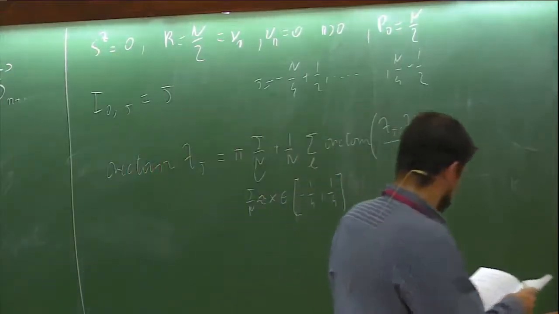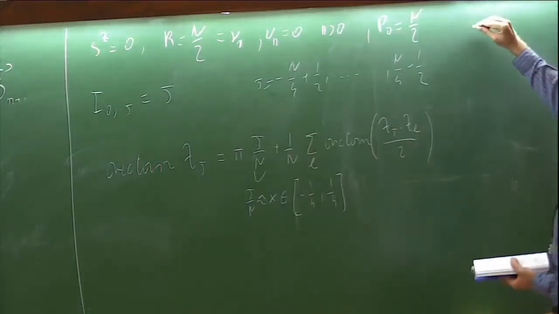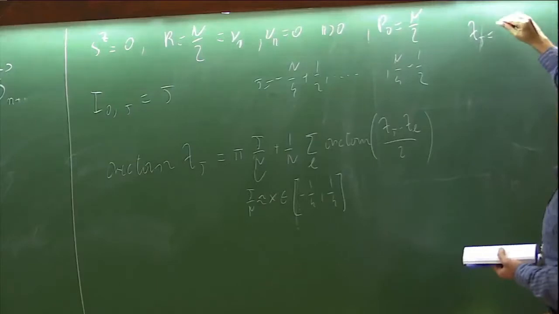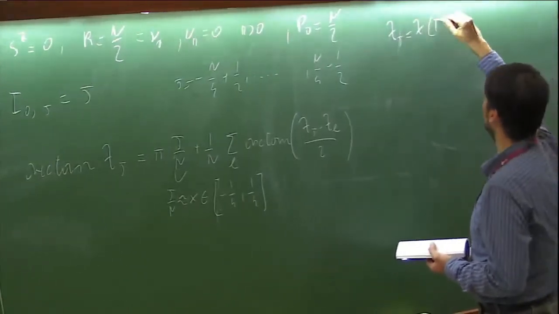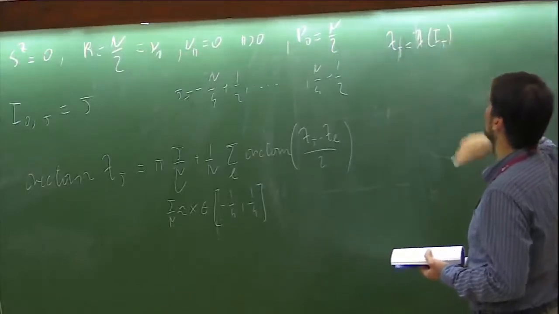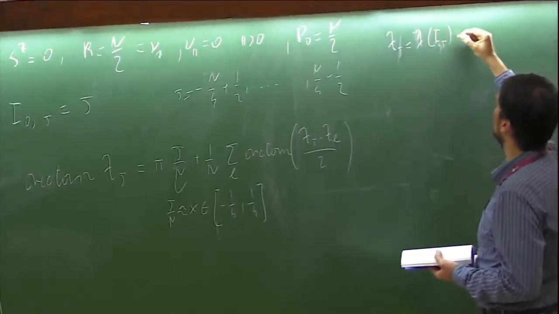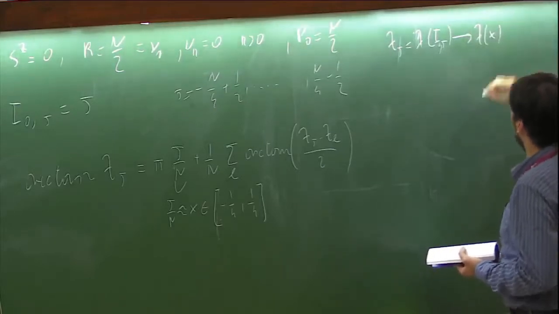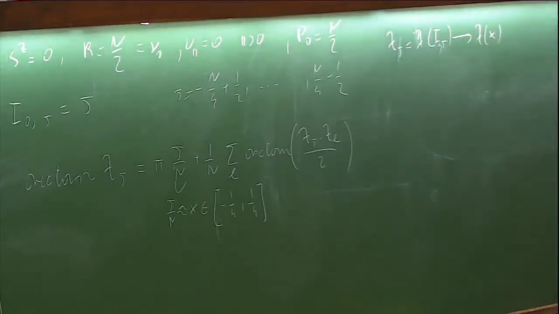So here I see that I can consider lambda_j as a function of my quantum number j, which in turn I can consider as a function of the point x.